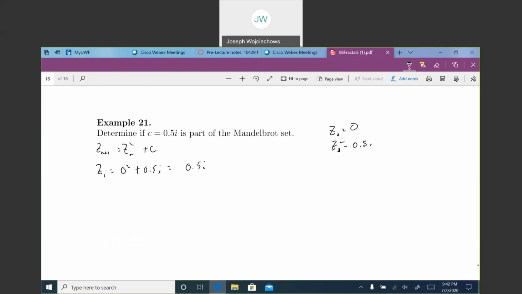So Z sub 1 is 0.5i. Then Z sub 2 is 0.5i squared plus 0.5i. This is negative 0.25 plus 0.5i. And again, everything looks good.